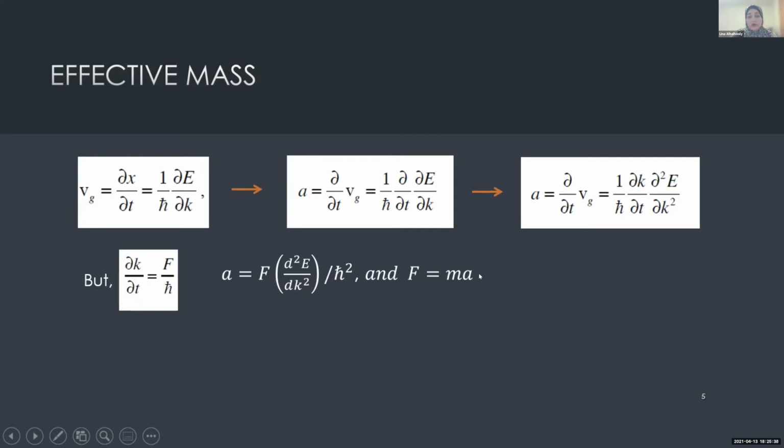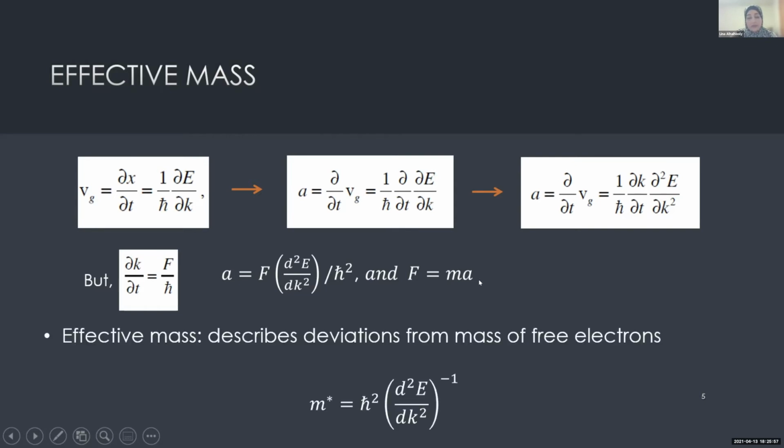So if we compare to the form of force from Newton's second law, we see that this term here, beside the acceleration, can be replaced by the mass, but it's not the inertial mass, because now the mass is proportional to the wave vector.